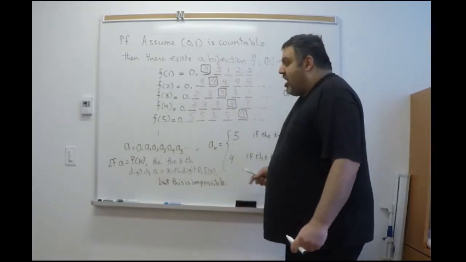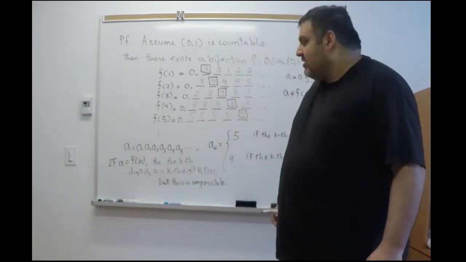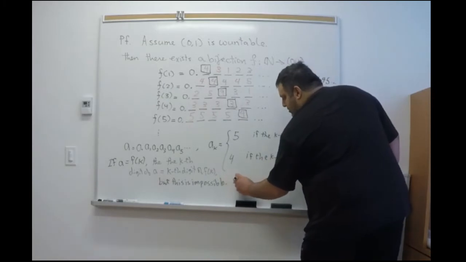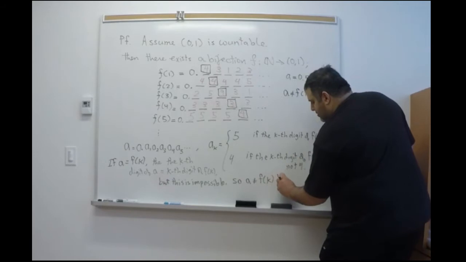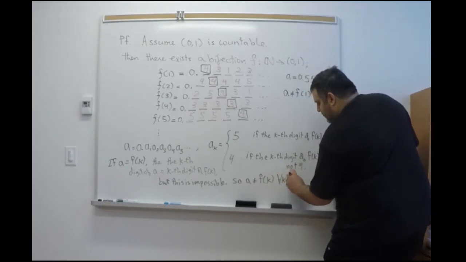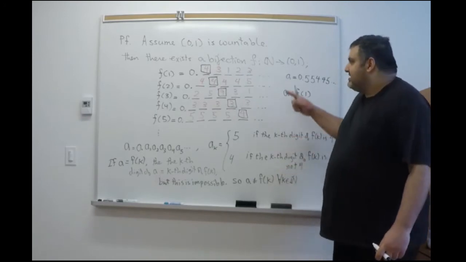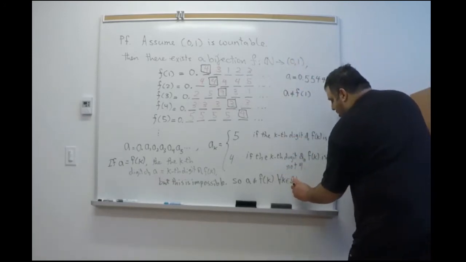After all, I made sure they didn't equal each other. In other words, A is not equal to f of k for any k in the natural numbers. And this says that f is not surjective. So a contradiction.